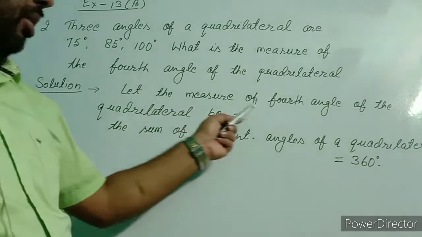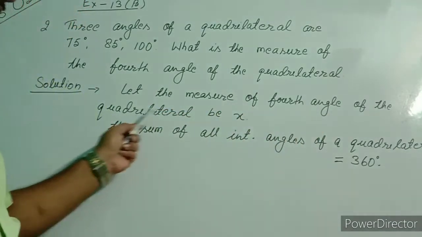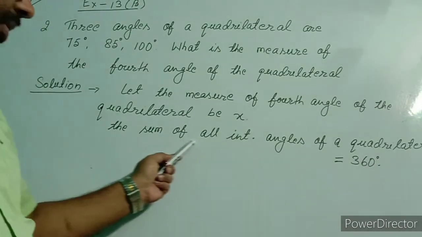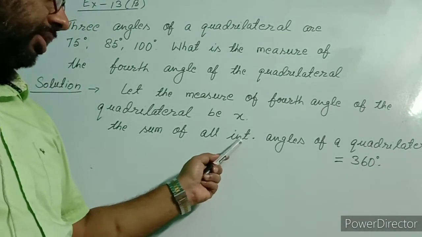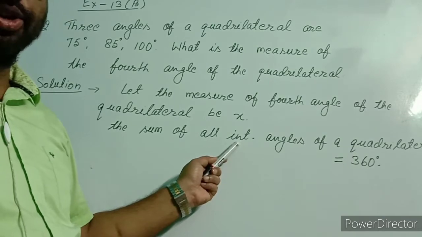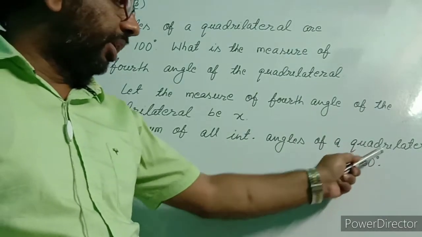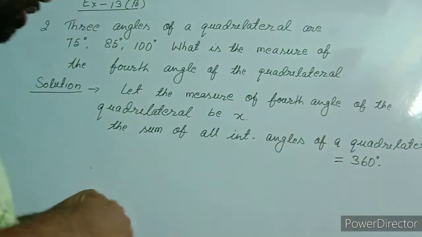Let the measure of the fourth angle of the quadrilateral be x. Then we know the sum of all interior angles of a quadrilateral equal to 360 degree.